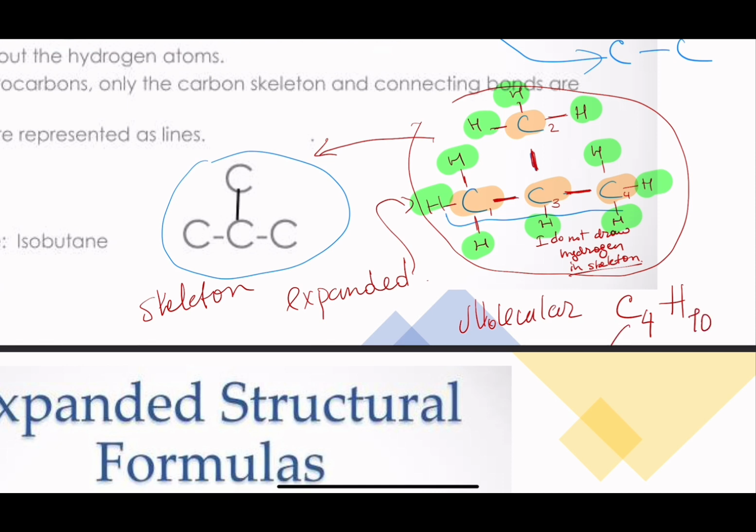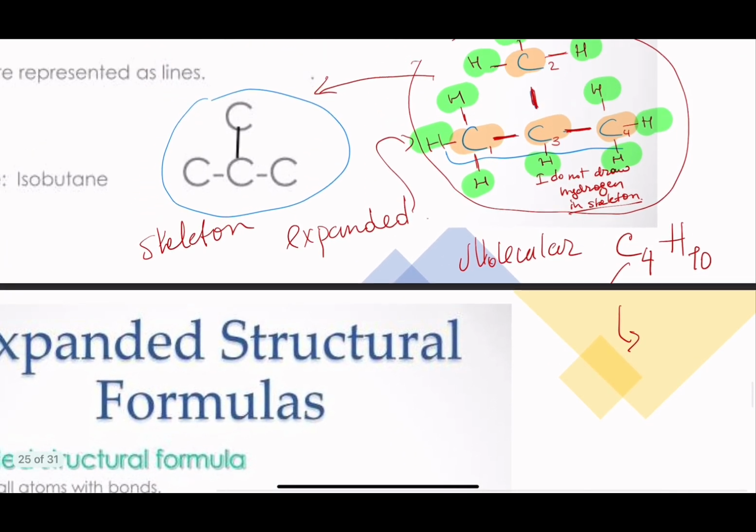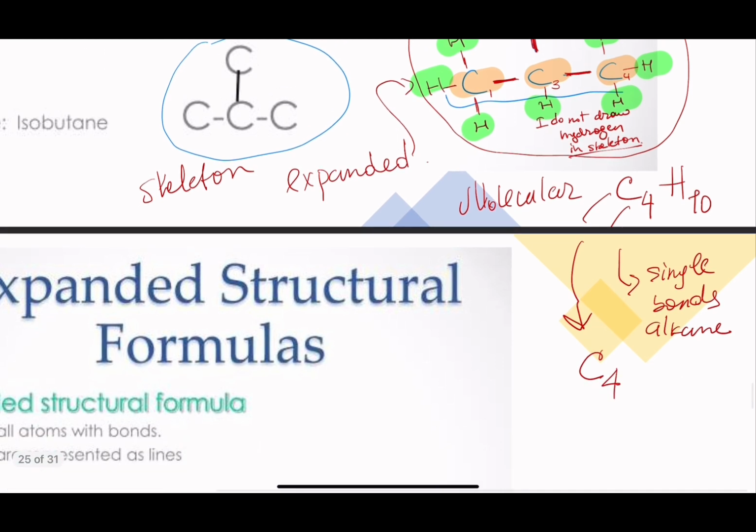But I want you to do a quick calculation. Look at here. Because I only have single bonds on this guy, I know that it is an alkane, right? I can get the molecular formula of this just by knowing the carbon number. Carbon is 4, right? And I said that alkane is CnH2n+2, right?